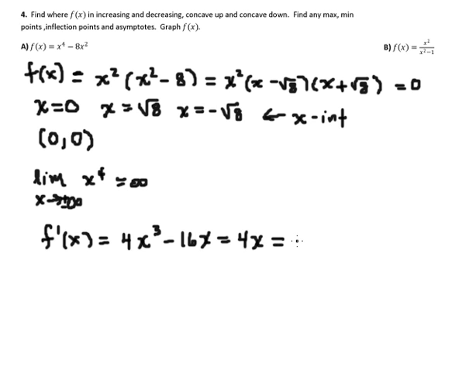That's 4x times x squared minus 4. Alright, so we can factor that further, and so that's 4x times x plus 2 times x minus 2.